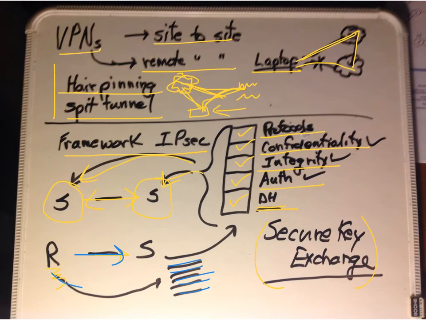So this one can pick the right one that matches in order to set up our tunnel that way. And these are all set up based on this framework. It's IPsec. It's not just one. It's the framework that all devices and so forth would use. And we wouldn't have to use that for a VPN.